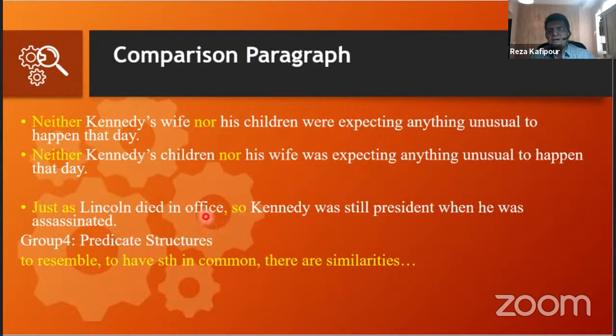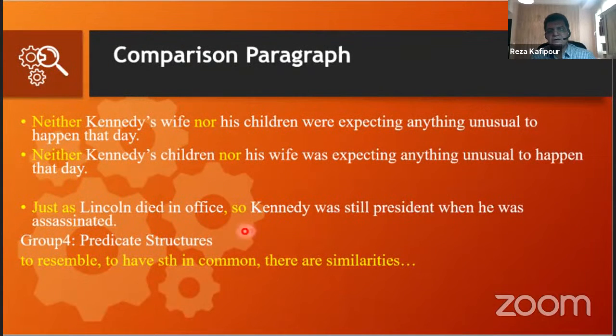So the idea that is reflected in the first sentence should be reflected in the second one, but in different words. Here we said, just as Lincoln died in office, after comma so, we should say that Kennedy also died in office, but by rephrasing the idea, using new words to imply the same meaning.